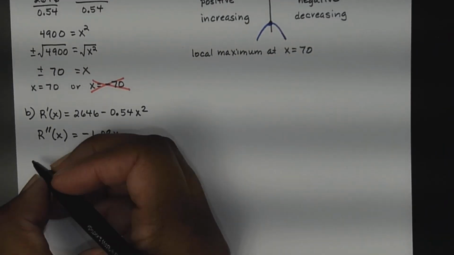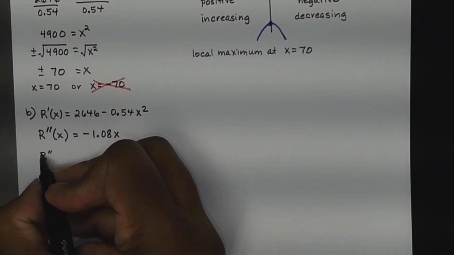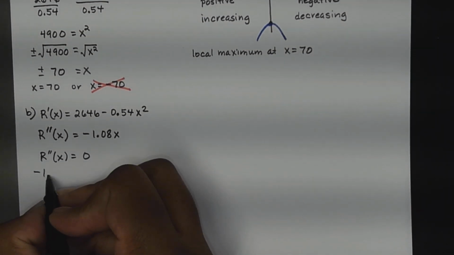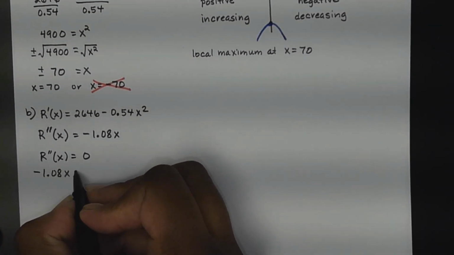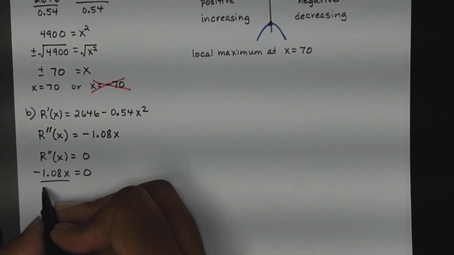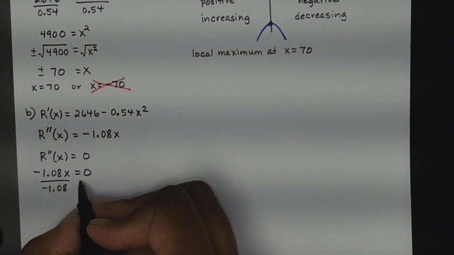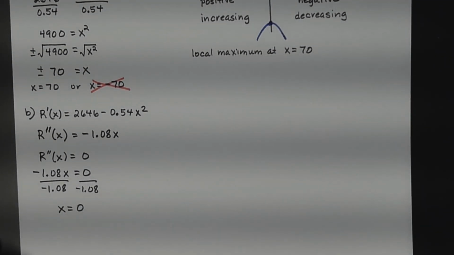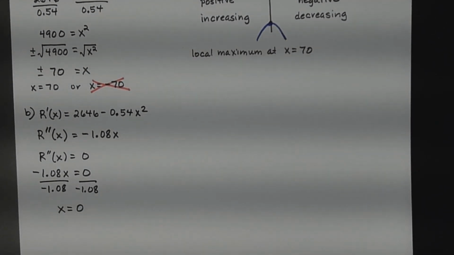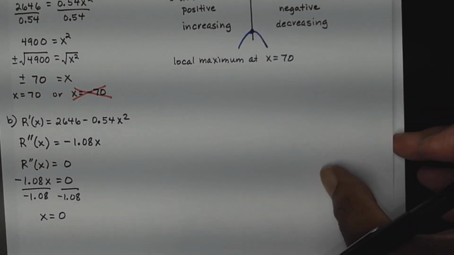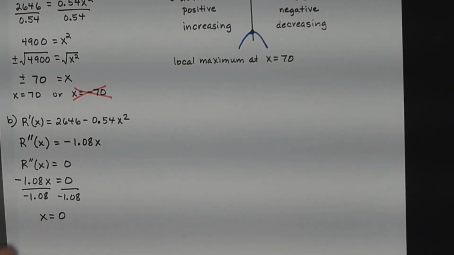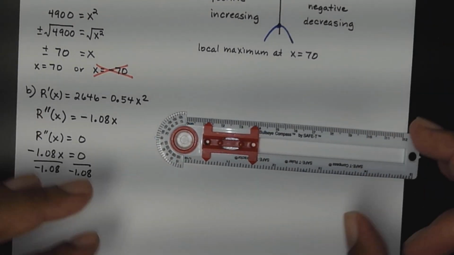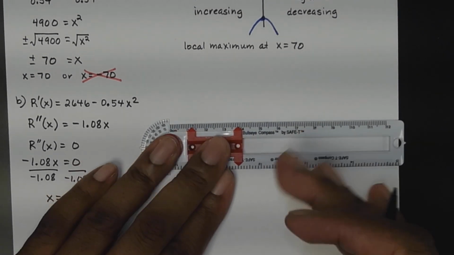Take that second derivative, r double prime of x, and set that equal to 0. So negative 1.08 x equals 0. Divide by negative 1.08 on both sides, you'll get x is equal to 0. So that's a critical number. All right, so now let's do a sign chart to find where it's concave up or concave down.